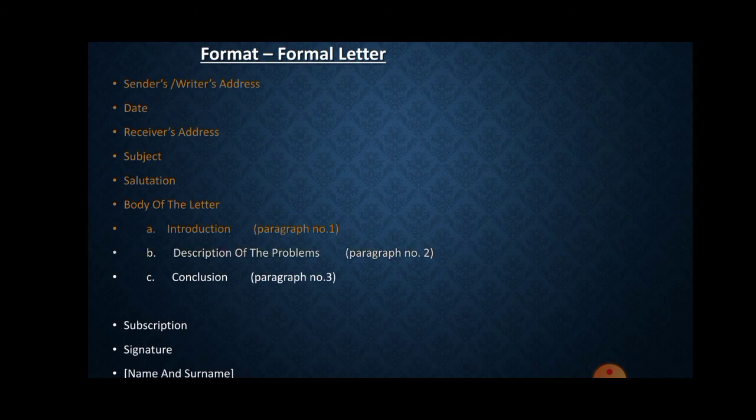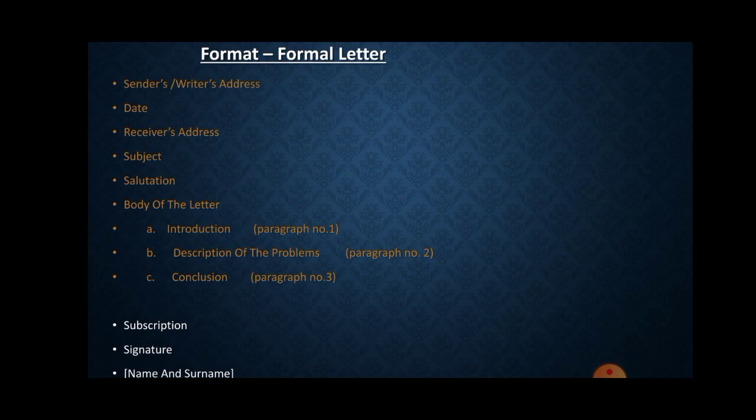The second paragraph contains the description of the problems you faced and the details you may want to add. In the third paragraph, you should conclude the letter. This paragraph contains the repetition of problems stated in the first paragraph. So, this is all about the body of the letter.